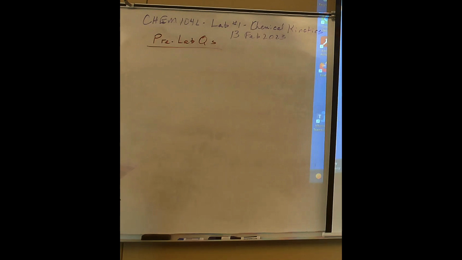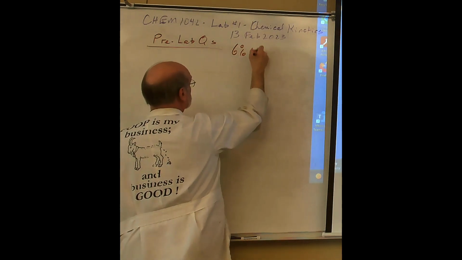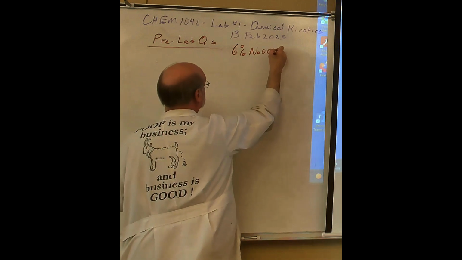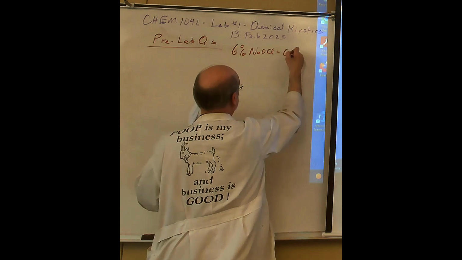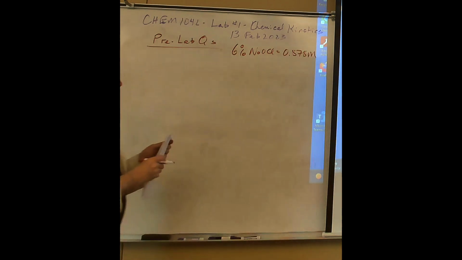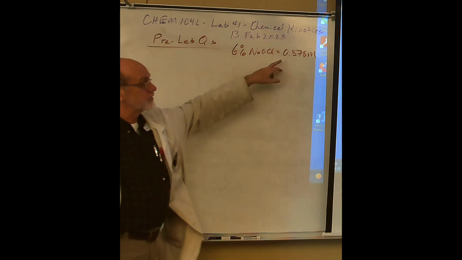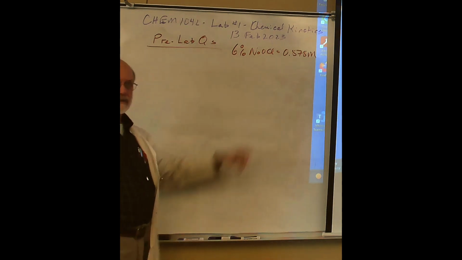In fact, if we do that same calculation, 6% sodium hypochlorite is equal to 0.878 molar. And that's going to be the concentration of our sodium chloride also. It's on the bottle.